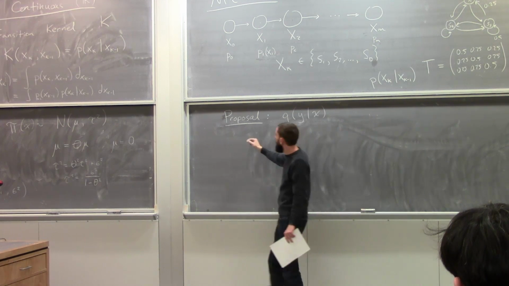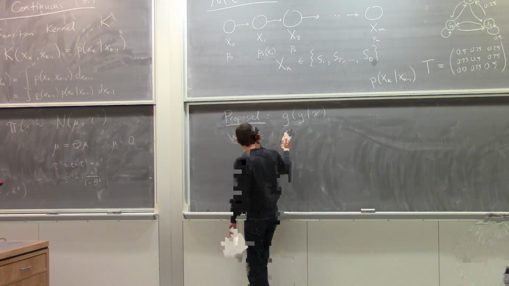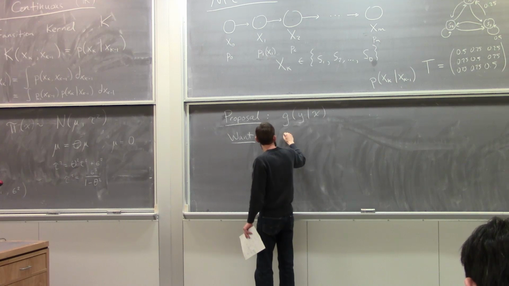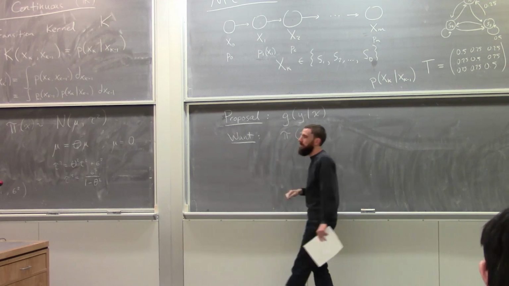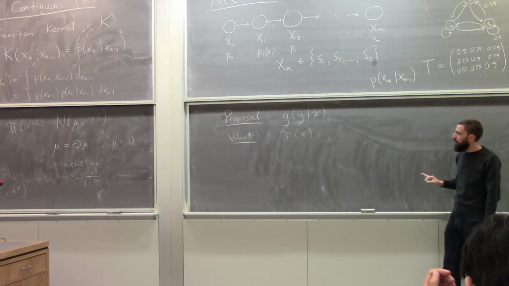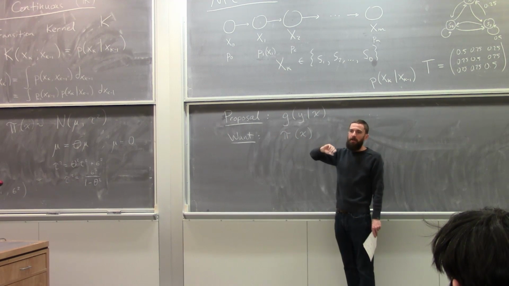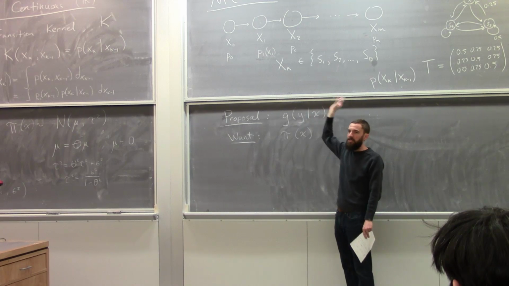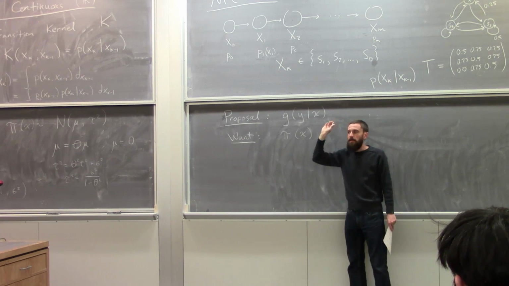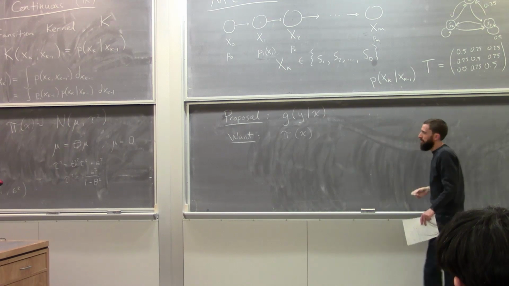What we want is some PDF, let's call it pi of x in the end. That's what we want to sample from, some distribution pi of x. I'm going to use pi, the same as the stationary distribution, because we're going to see it is a stationary density for this Metropolis-Hastings process.